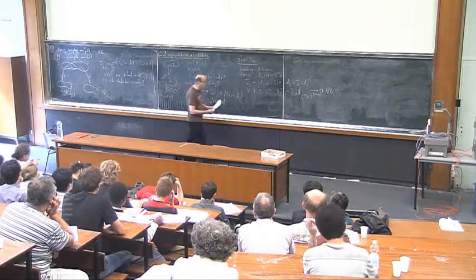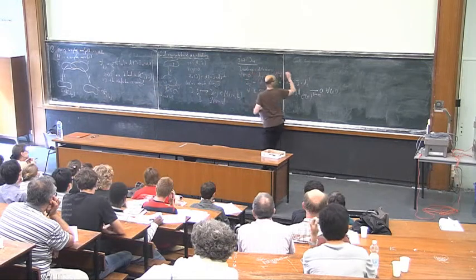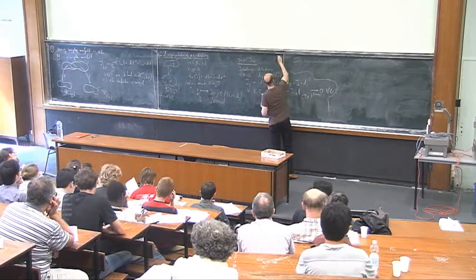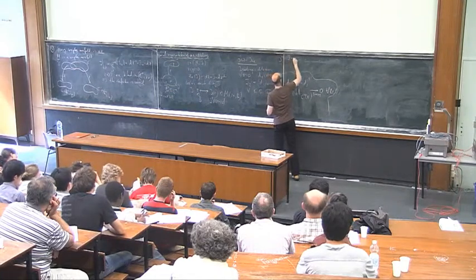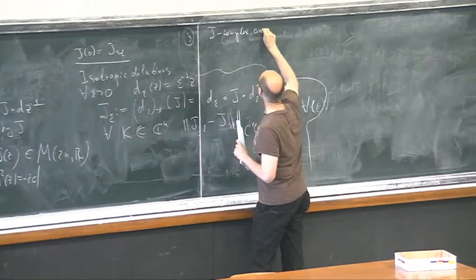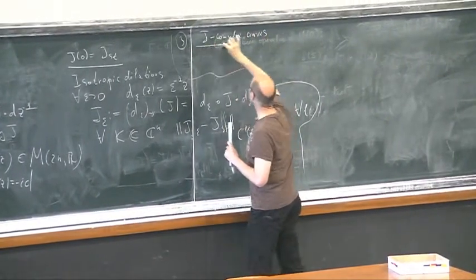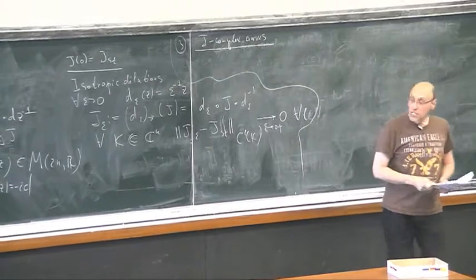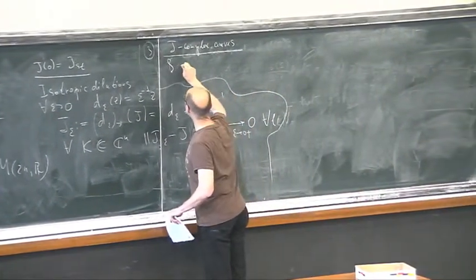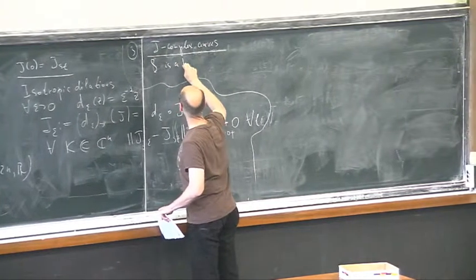Okay, so by the way, what are J-complex curves now? So the next subject is J-complex curves. Suppose that we have S, a Riemann surface.